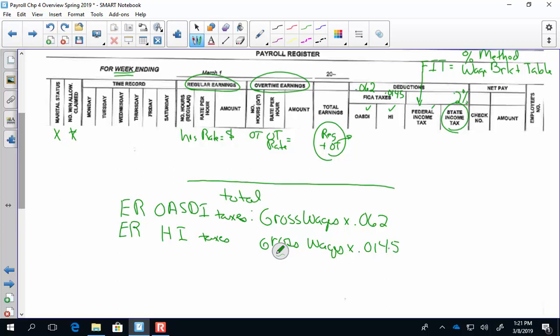Okay, that's it for this Chapter 4 review. Again, we give you a lot of practice with the W-2s and W-3s through the homework. There is no W-2 or W-3 on the exam. The main point of this exam is to do some computations of taxes for bonuses, and then this payroll register is quite a bit of it.